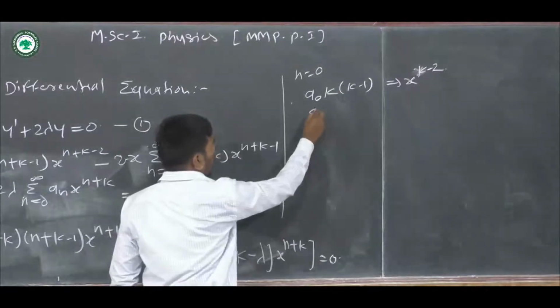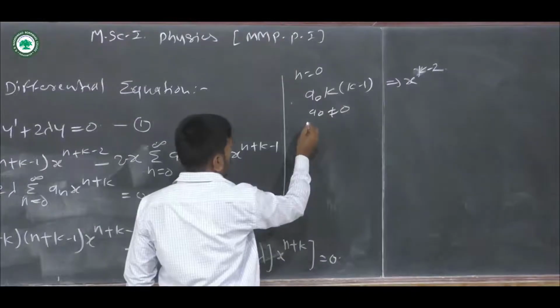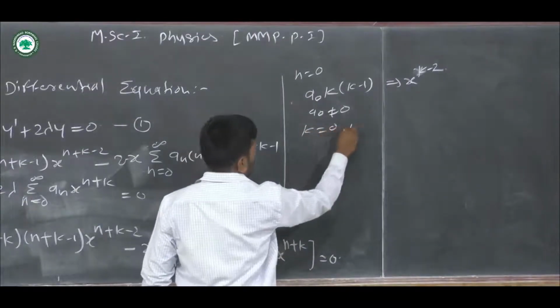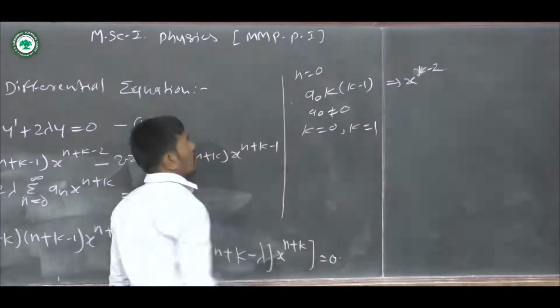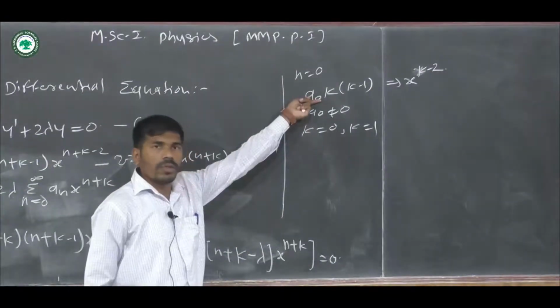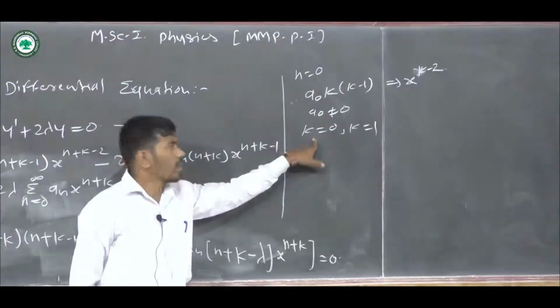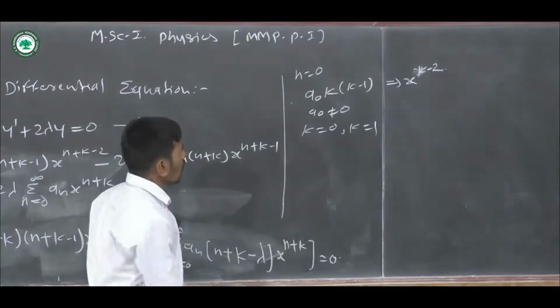Here a naught is not equal to 0, so we can find k is equal to 0 and k is equal to 1 for n is equal to 0. This equation is also called the indicial equation, and from this we can find the values of k.